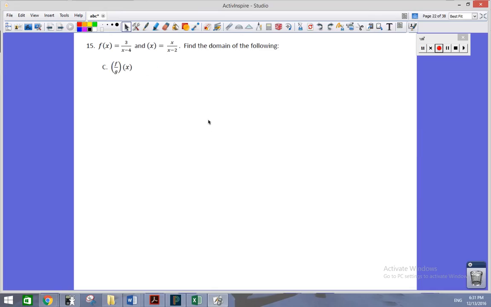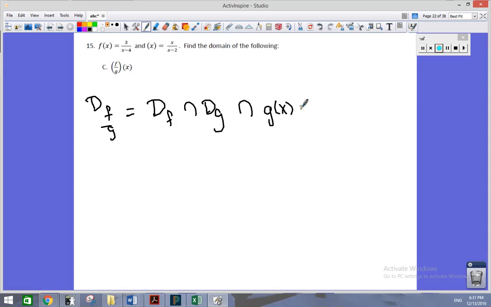Now division may or may not be the same answer. So for the domain of f divided by g, again, I use the domain of f intersected with the domain of g. But I also have to be concerned that the output of g is in a denominator and it can't be 0. The domain of f excludes the number 4. We've already seen that. The domain of g excludes the number positive 2.